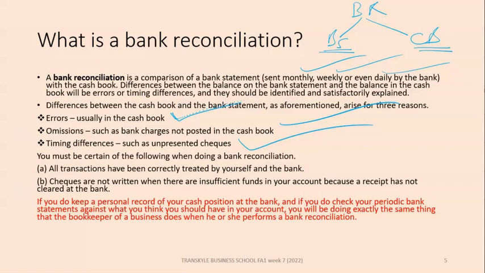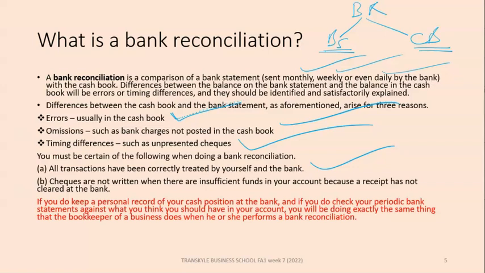You must be certain of the following when doing bank reconciliation statements. All transactions have been correctly treated by yourself and the bank. You just have to ensure that your cash book is spot on and up to date.